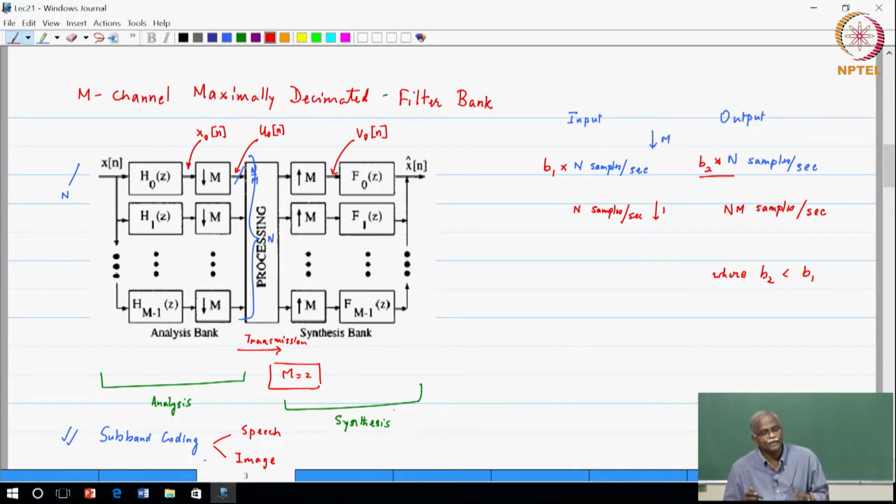So, why are we downsampling by a factor of M? Now, when I have M channels combined with a downsampling by M, with a plus sign, okay, M channels where each of them has this operation, this is what we refer to as maximally decimated.